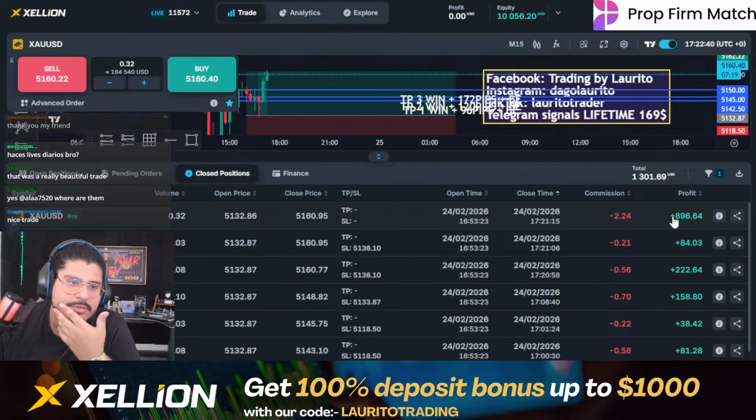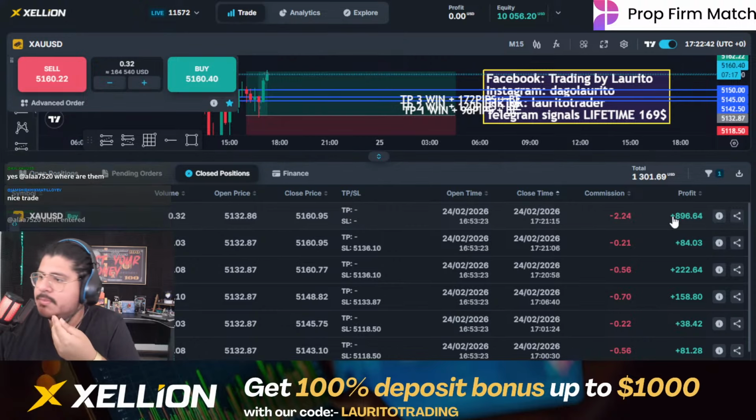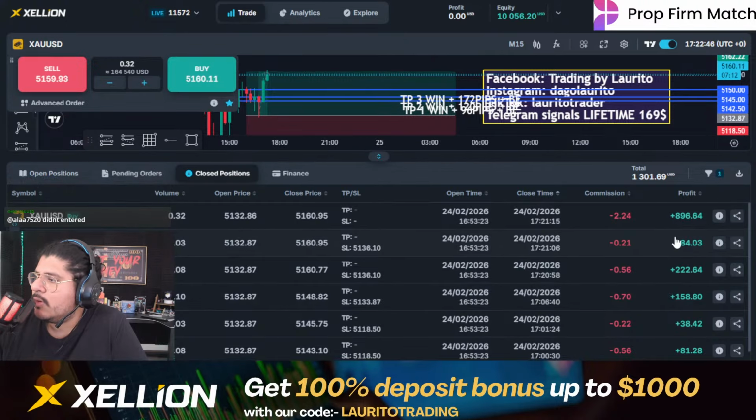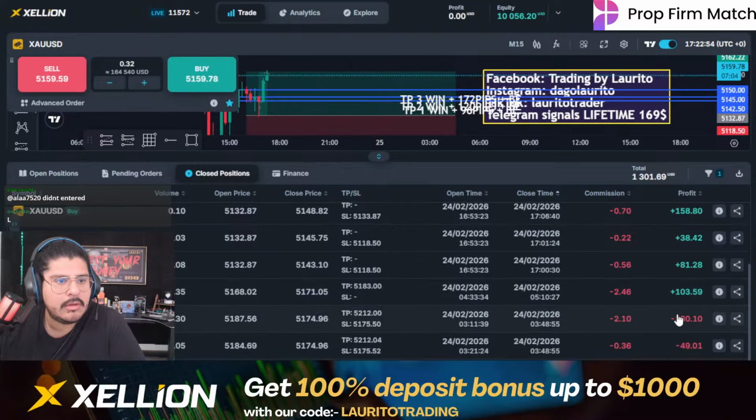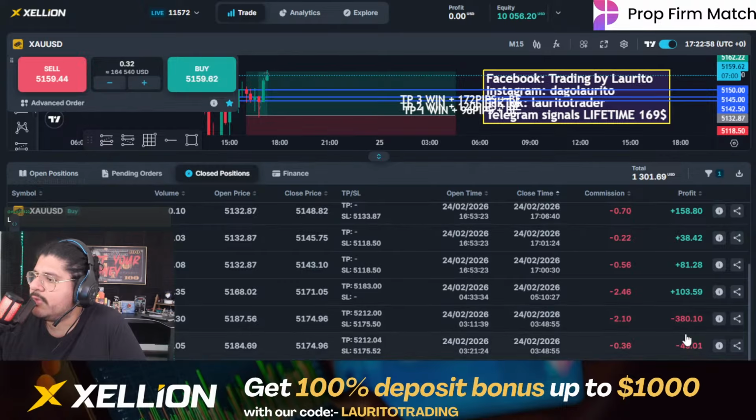0.32. Starting with the first position, double position. Well, the negative. Let me see if I show the negative from yesterday. Yes, this is the Tokyo session from yesterday. Minus 300.